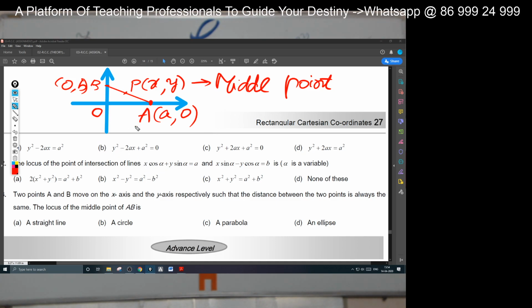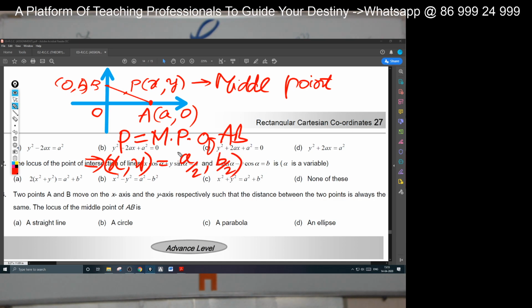Your P is nothing but the midpoint of AB. What is P? x, y. The midpoint of AB is (a plus 0)/2 comma (0 plus b)/2. So what is a? 2x. What is b? 2y. So 2x comma 2y.